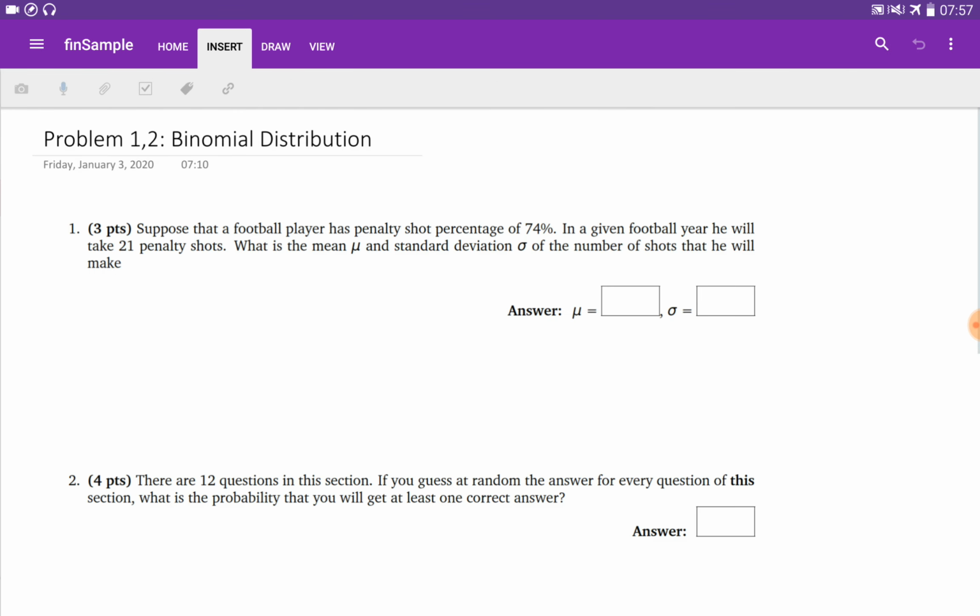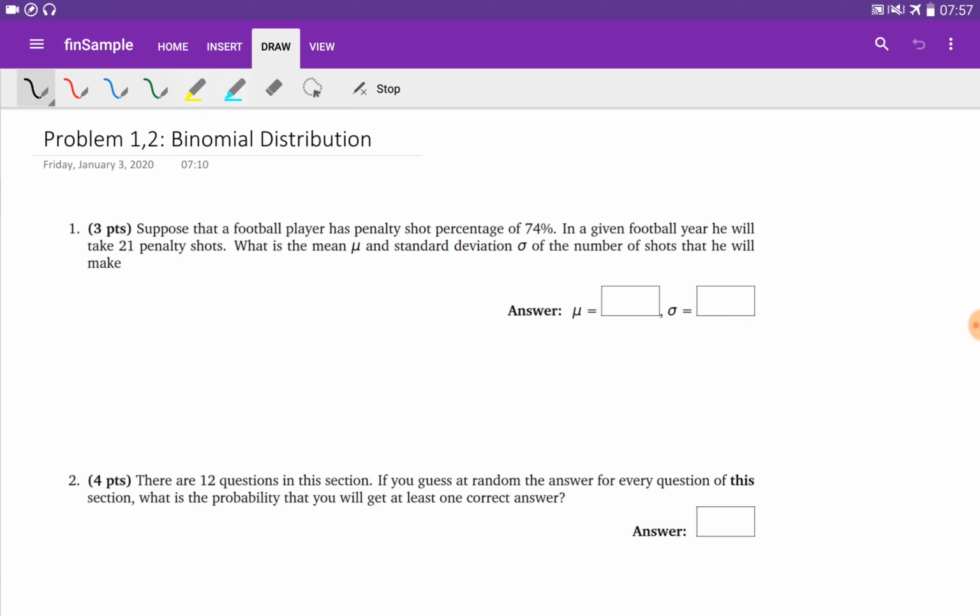The first two problems are about a binomial distribution and its properties. Suppose that a football player has a penalty shot percentage of 74%. In a given football year, he will take 21 penalty shots. What is the average number of successful penalty shots and the standard deviation of the successful penalty shots which he made?